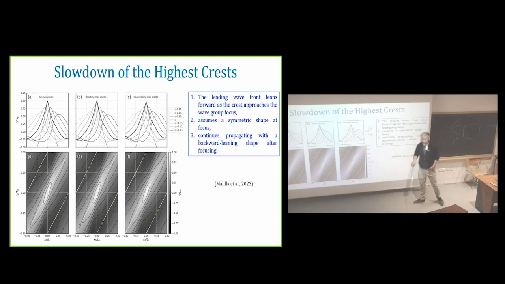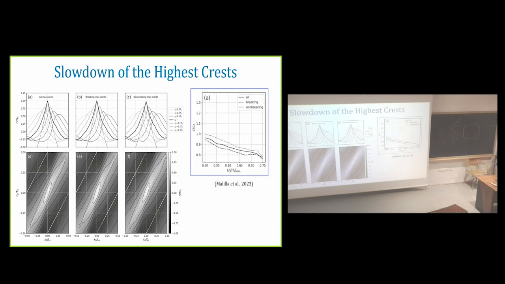If you compare what is actually measured with what is given by the dispersion relation, you will find that the waves travel much slower than expected, and when they break, probably because they are steeper, this reduction is larger and goes to around 0.8 for very high crest elevation. Malila was not the first to get it.